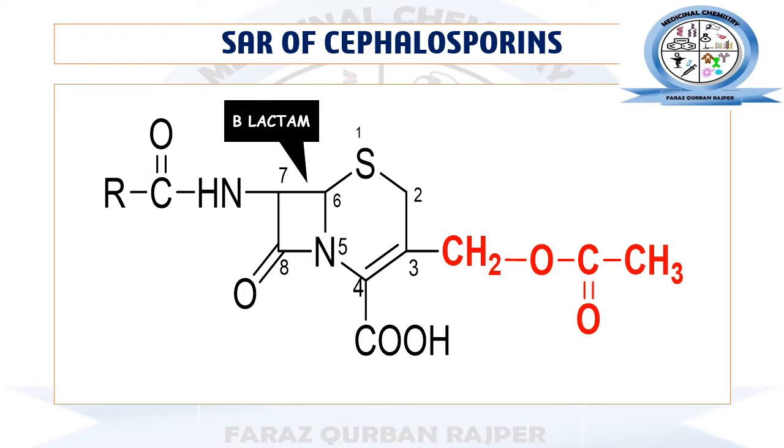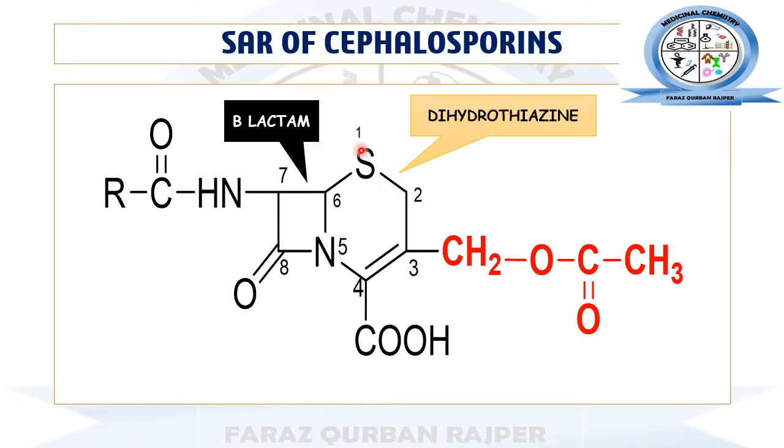One is the beta-lactam ring, the 4-membered ring that is the common structural feature of all beta-lactam antibiotics. In cephalosporin, this ring is fused with a 6-membered heterocyclic ring, the dihydrothiazine.